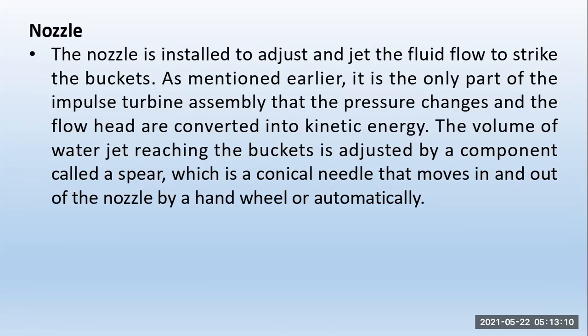The volume of the water jet reaching the buckets is adjusted by a component called the spear, which is a conical needle that moves in and out of the nozzle by a hand wheel or automatically.